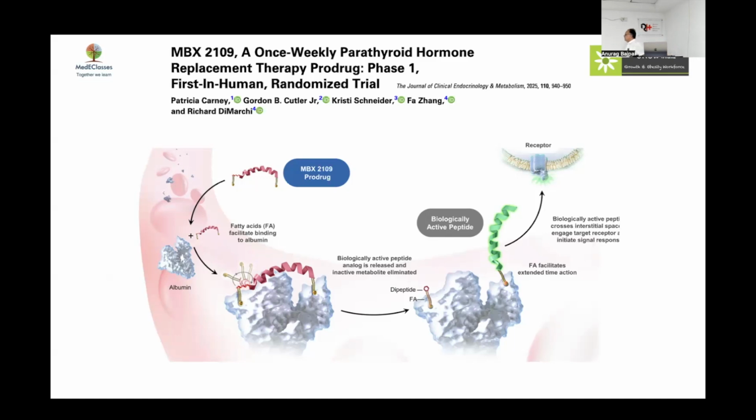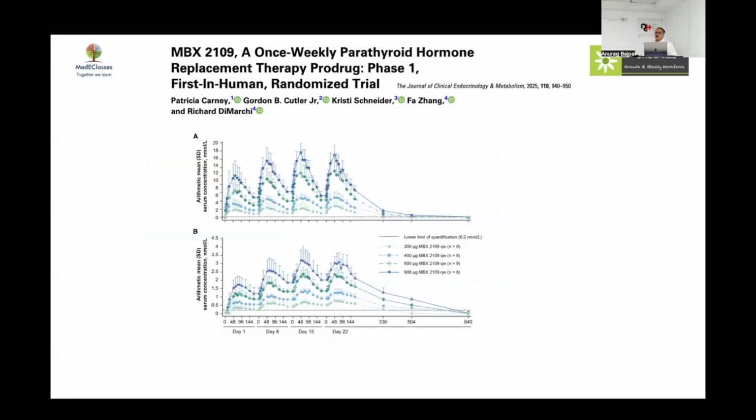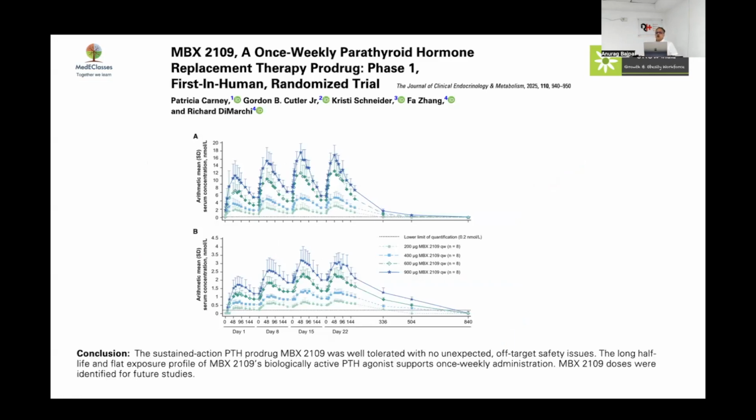And this is basically a replacement therapy, mainly acting via fatty acid binding, something like detemir, which was acting via fatty acid binding, and then the peptide was gradually released. So once weekly PTH also has come up, and its pharmacokinetic pharmacodynamic profile is also similar to daily PTH. So again, from growth hormone to GLP-1 analogs, we are now looking into parathyroid also as a once a week preparation.